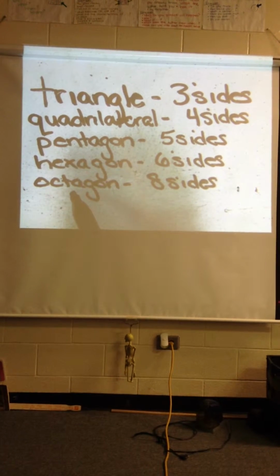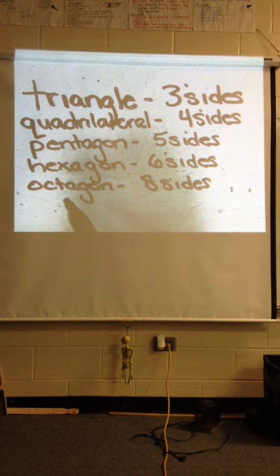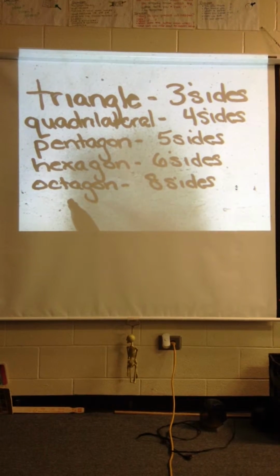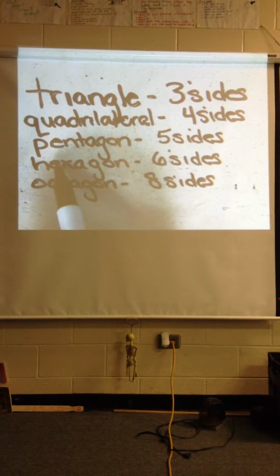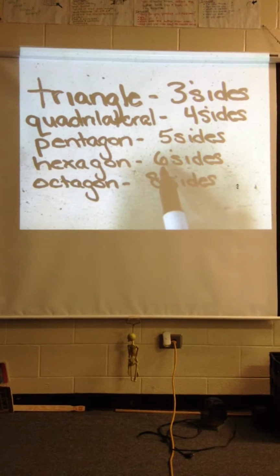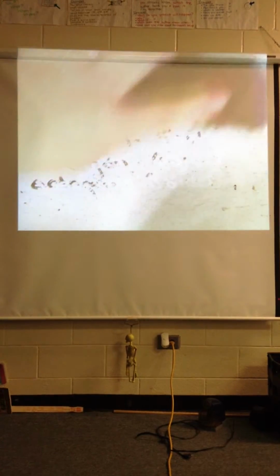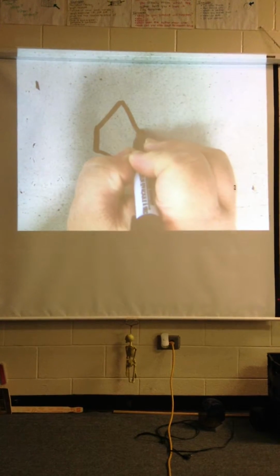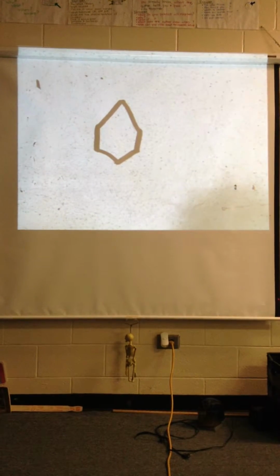So that if I tell you that you have a hexagon and each side length is 5, I need to know that a hexagon has 6 sides. That means when I draw it, I should draw a 6-sided figure.